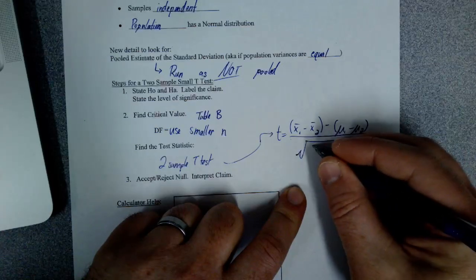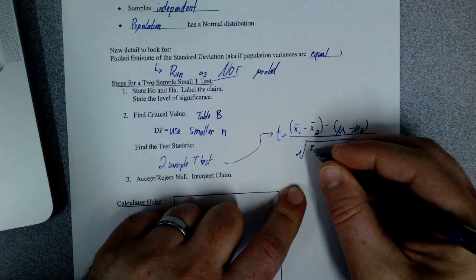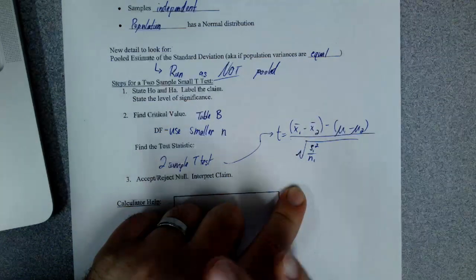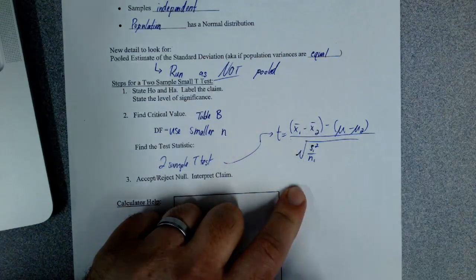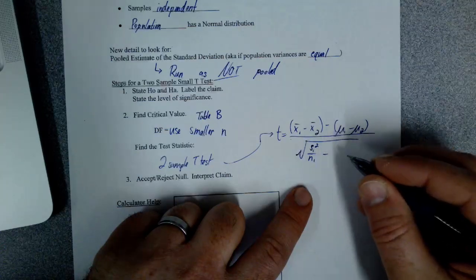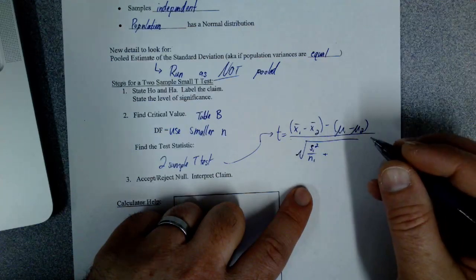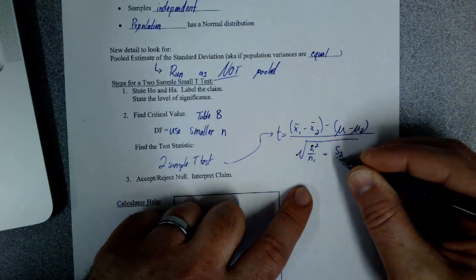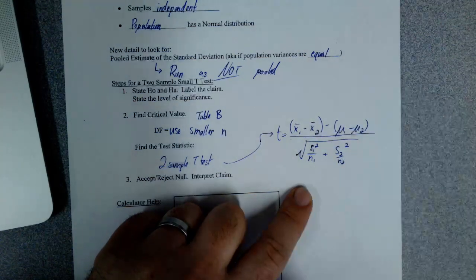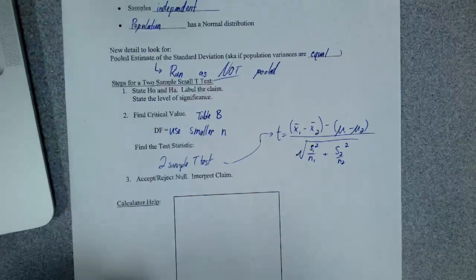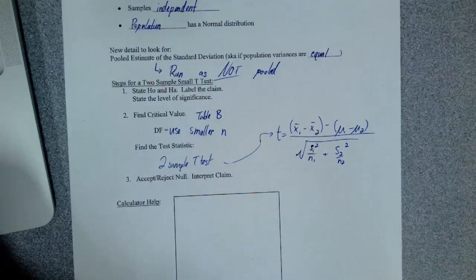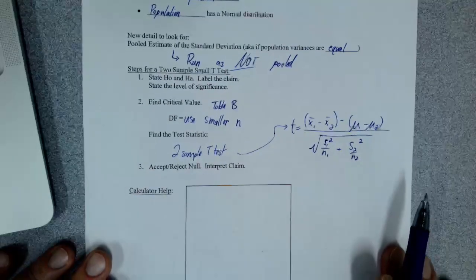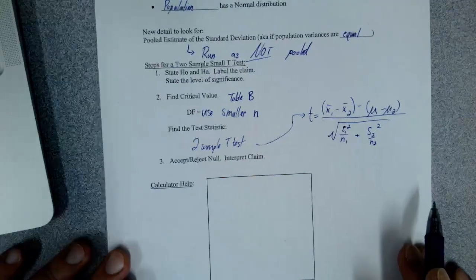Big difference here is, remember, you're using the sample standard deviation, so s, as opposed to the population standard deviation, which is sigma. So there you go. So that's how we tackle those. So there's the formula if you want to use it. I'm assuming most people are going to go to the 2-sample t-test, and that's perfectly fine.